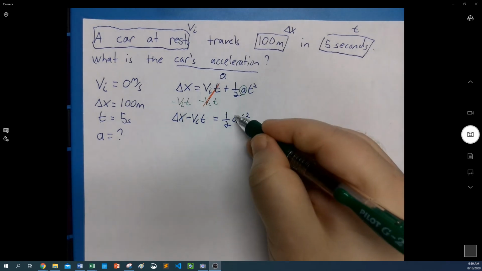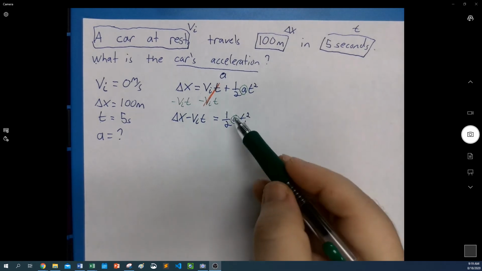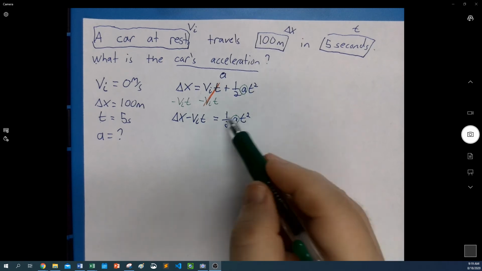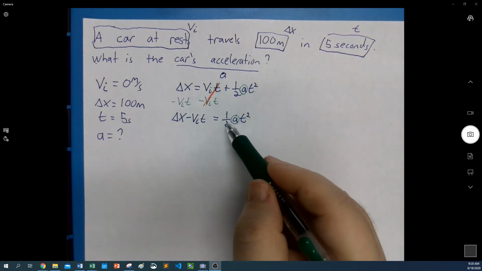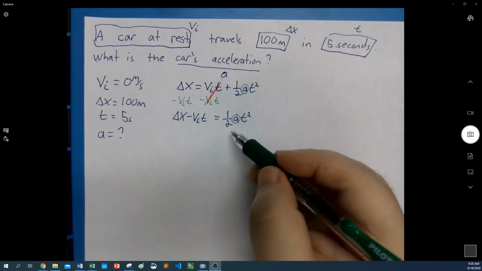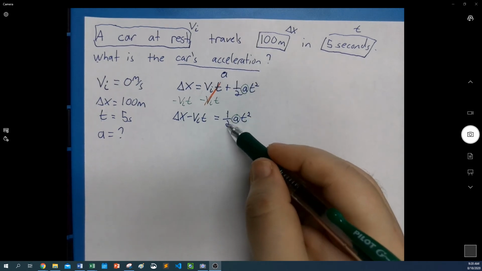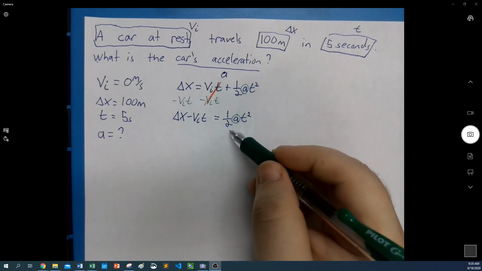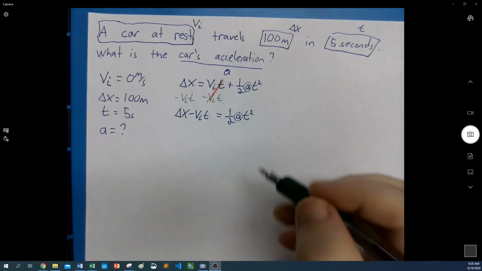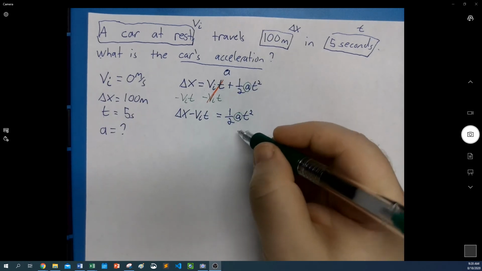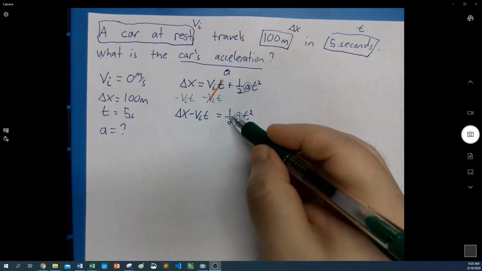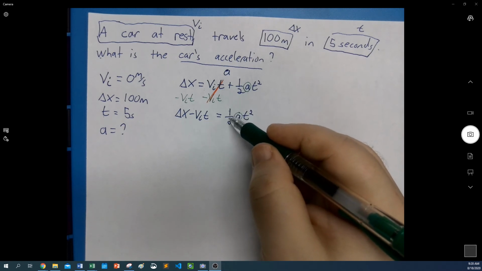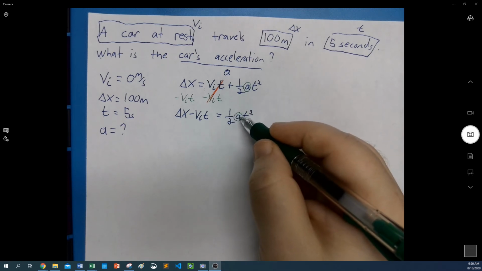Again, we're trying to find A. So there's no more terms on this side of the equation. So we're going to multiply both sides by the inverse of 1/2, or you can divide. I'll just do that. There's two ways you can do this. You can either multiply by the inverse of 1/2 or divide by whatever is being multiplied.